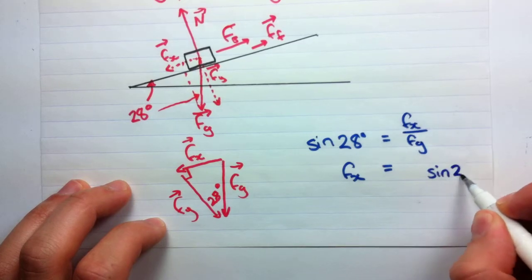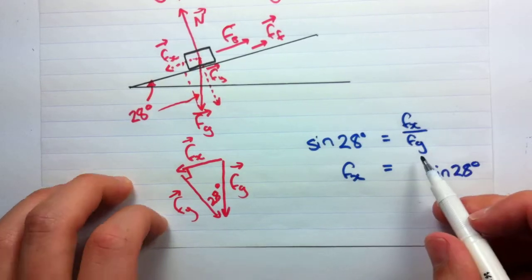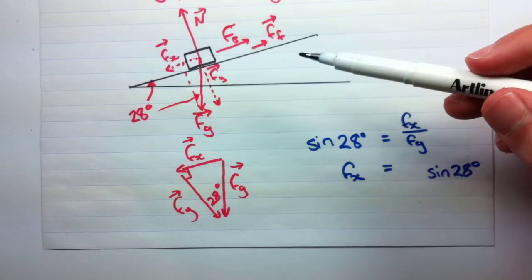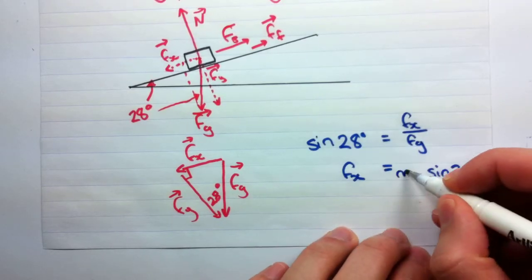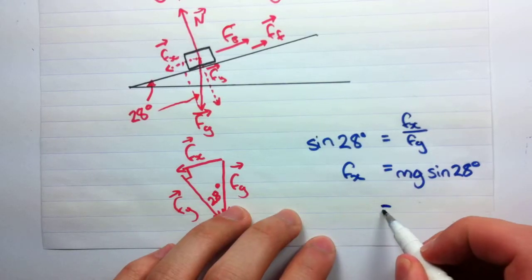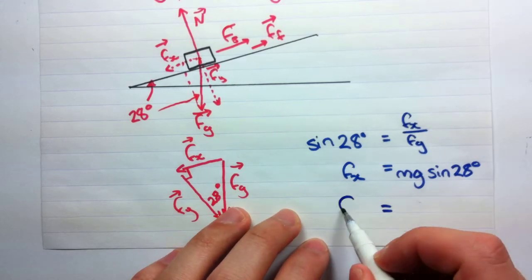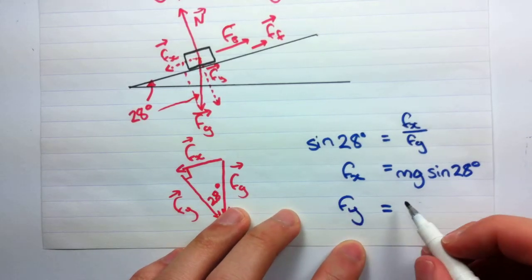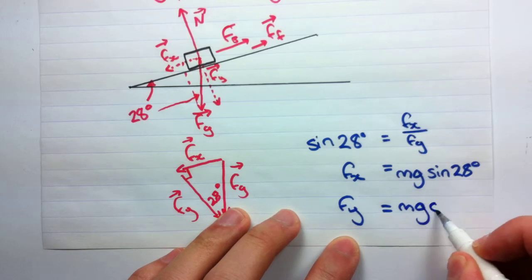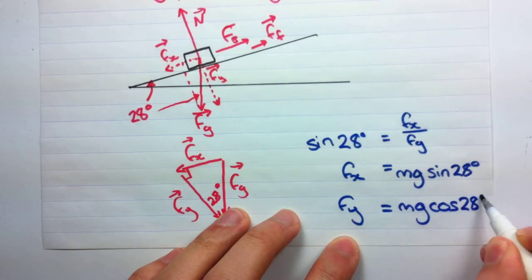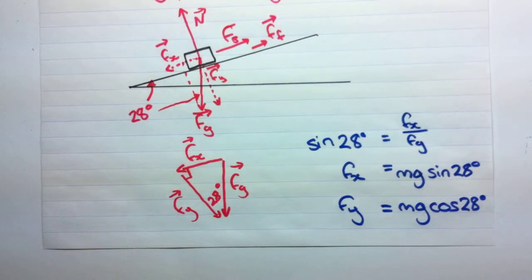I'm just going to leave that weight force out for a second, because we know that the weight force is equal to the mass of the block times gravity. We've seen that quite a few times, and it won't be the last time we see it. Fy, by a similar process, you'll find equals mg cos 28 degrees. So we've got our values for Fx and Fy. Now, how do we use them?